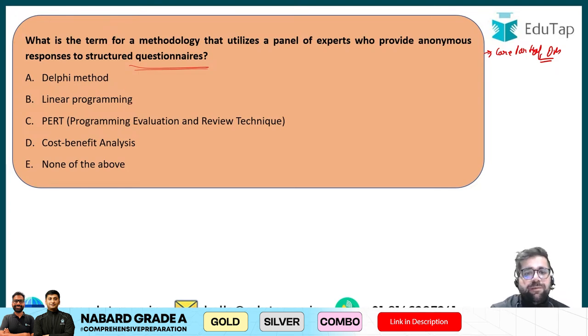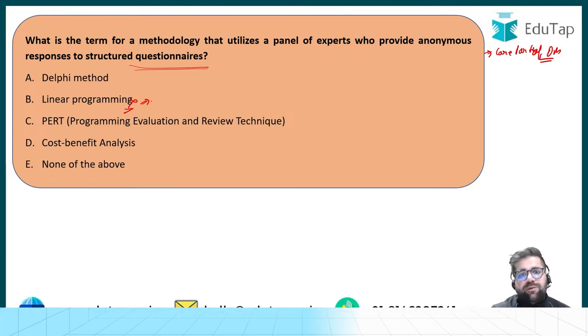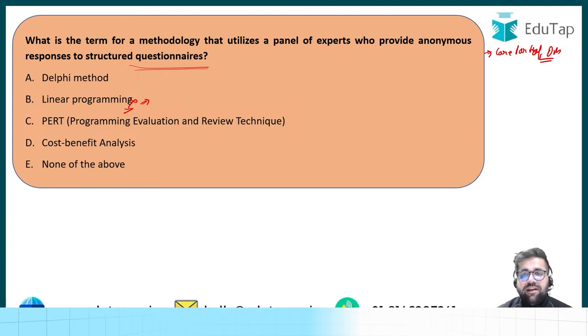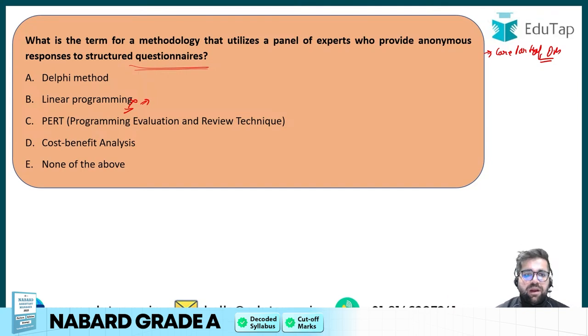Definitely linear programming will not be the right answer because linear programming is used to distribute certain scarce resources among individuals. For example, if I have a limited amount of water, how will I distribute it among all the nationals of India? Definitely in that particular case I will use linear programming.